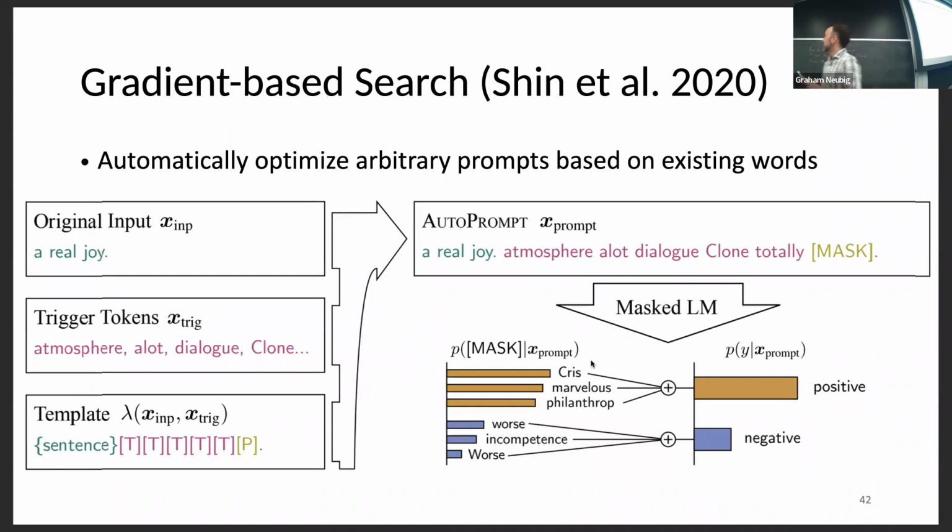So you have the original input, and then you have the trigger tokens, which are what I was calling the prompt template. And then you have the answer, which is the mask part. Basically you treat all of the pink parameters of the trigger tokens as things that you optimize through SGD. And so you find the optimal one, and then you kind of lock it into the parameters of an actual token.